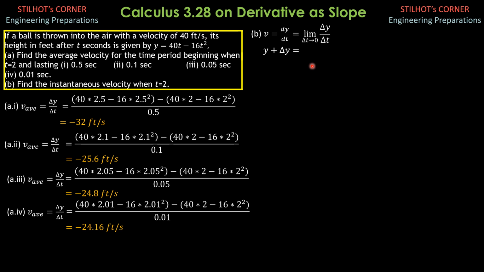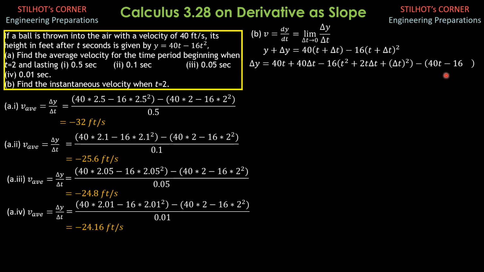So y plus delta y equals 40 times t plus delta t minus 16 times quantity t plus delta t squared. So delta y is equal to 40t plus 40 delta t minus 16 times quantity t squared plus 2t delta t plus delta t squared, then minus quantity 40t minus 16t squared.